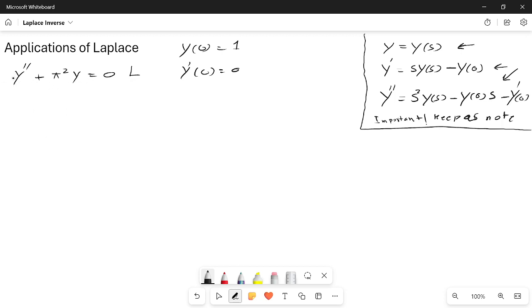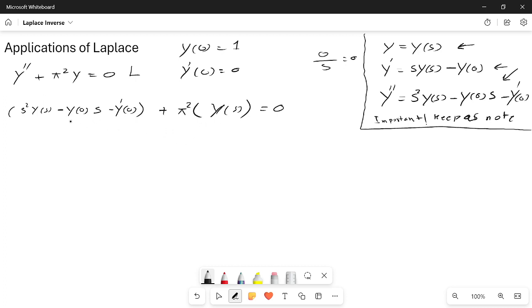So the Laplace of y double dash is s squared y of s minus s y of 0 minus y dash of 0, plus pi squared, and we substitute the value of y, which is y of s, and that is equal to 0, since the Laplace of 0 is 0 divided by s, which is just equal to 0.